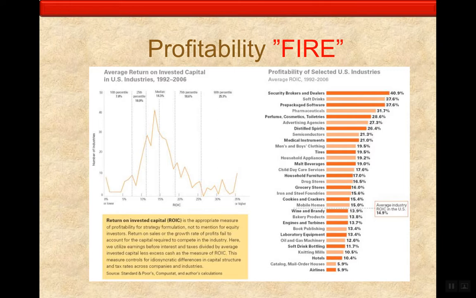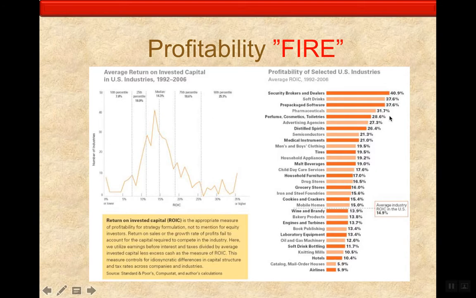Right? The average in the industry for return on invested capital, which is the metric that gets used when most organizations are thinking about strategy, strings out all over the place here.